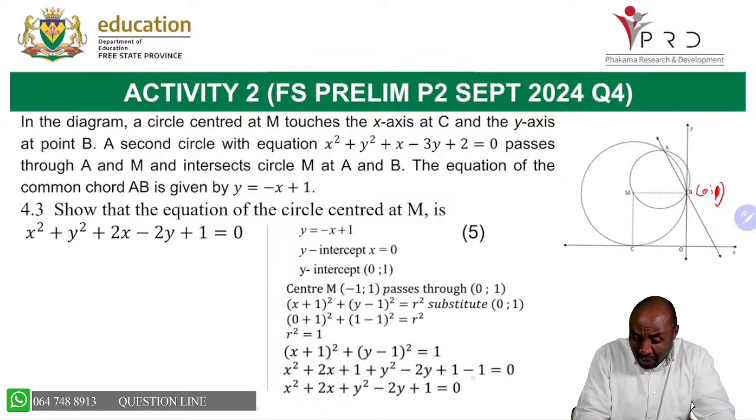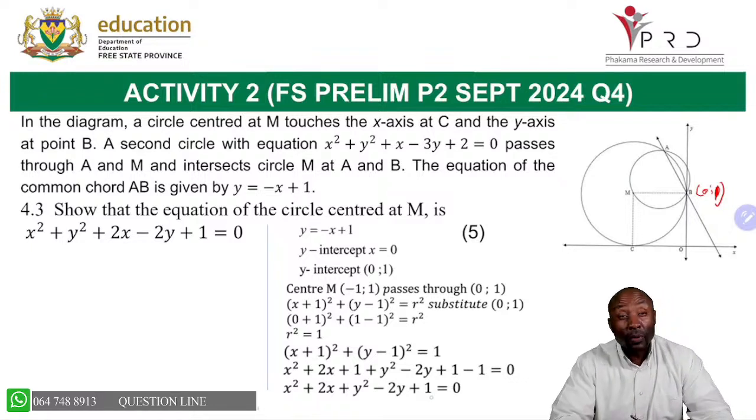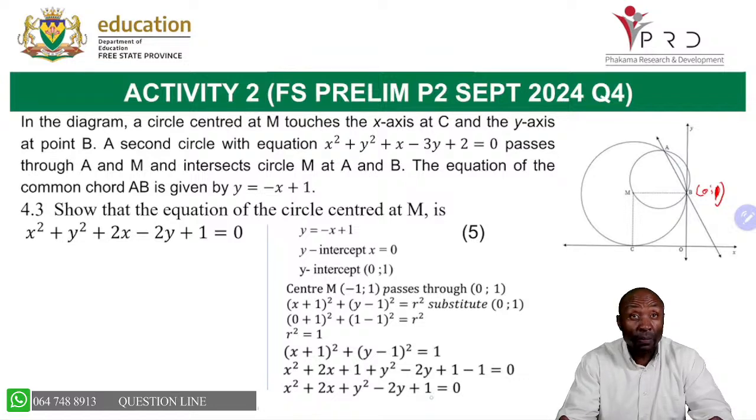We transpose the 1 and we get -1, and that will give us the equation as x squared plus 2x plus y squared minus 2y plus 1 is equal to 0. Hope you are able to see that part, because we have 1 plus 1 minus 1, we'll get a plus 1 there. So this is how we'll get the equation. So we must be able to practice with both forms of the equation of a circle.